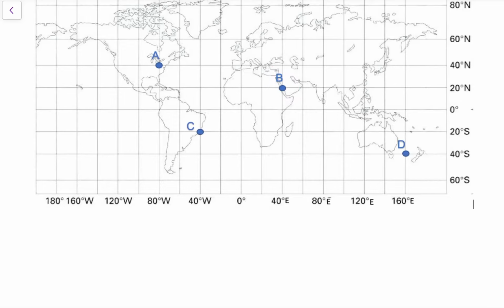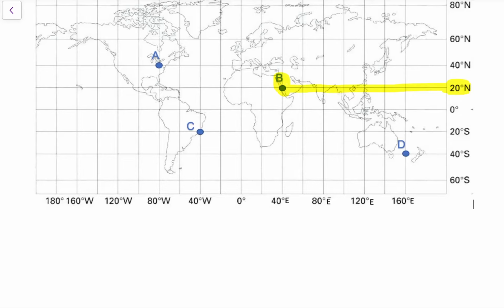Let's find the latitude first. Latitude goes across. For point B, we go across. The latitude of point B is 20 degrees north. How about the longitude of point B? Longitude goes long ways, L-O-N-G, long, right? That's our trick to remember. It goes up and down.